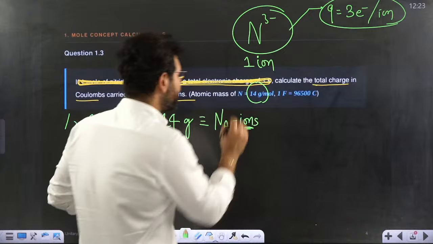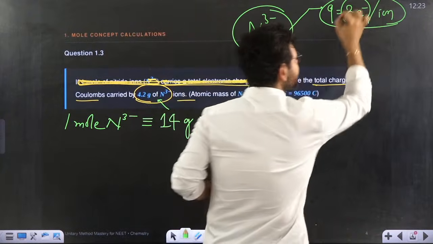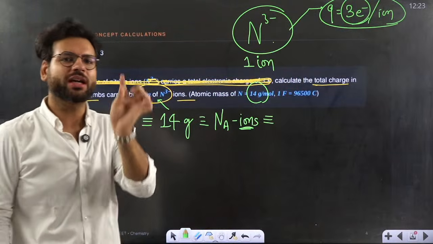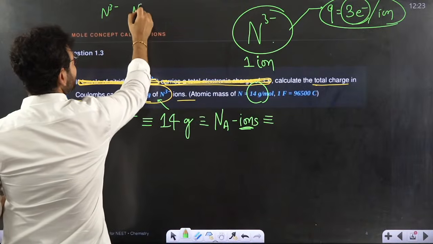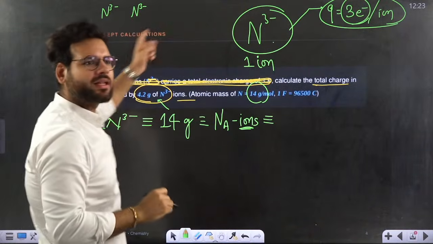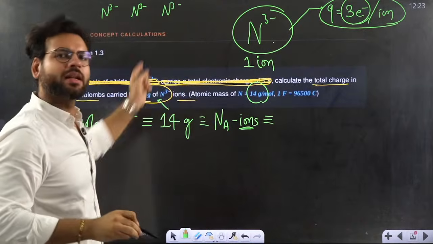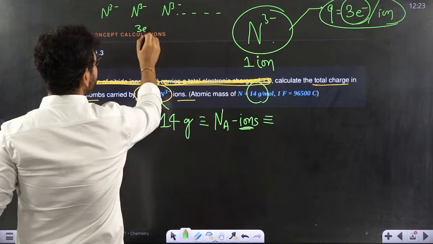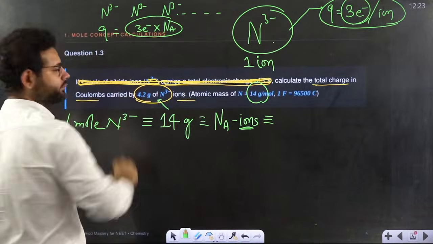Okay. Now, each nitride has 3e ka charge. So, Avogadro nitrides have how much charge? Each nitride pe -3 charge is there. If 2 nitrides are there, -6e charge will be there. If 3 are there, -9e charge will be there. If Avogadro number are there, so 3e times Avogadro charge will be there on 1 mole.